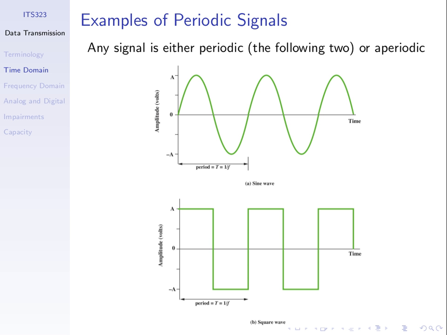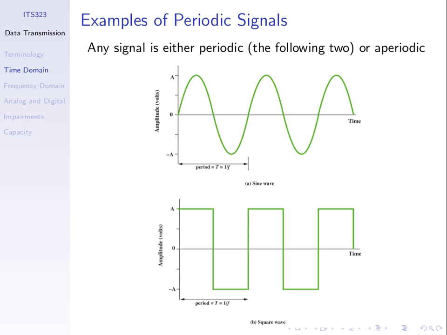What we'll see is we can treat any signal that we want to send as a combination of different sinusoids. So the main or the fundamental thing that we need to cover is, well, what is a sinusoid? What can we vary in a sine wave? And how can we combine them together to get different signals?